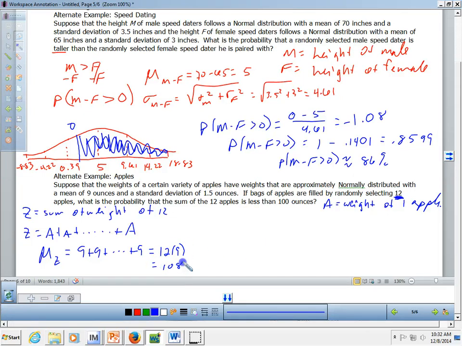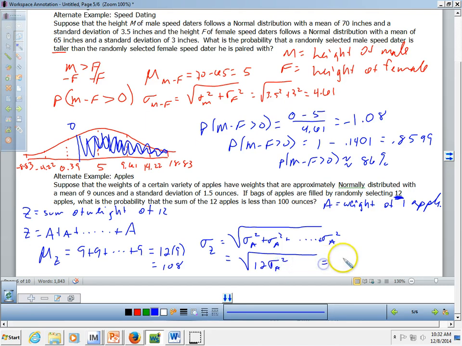But where the difference comes in is when you go find the standard deviation. Right? We're not going to just take the standard deviation 1.5 times 12. It's not that simple. We have to take the square root of the variance on A plus the variance on A plus the variance on A, all the way out and do this 12 times, which would turn into the square root of 12 times the variance on A. So we have to take 12 times 1.5 squared, and then square root that.